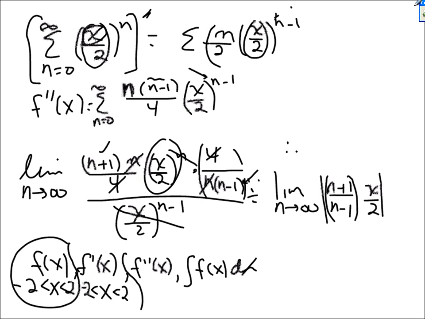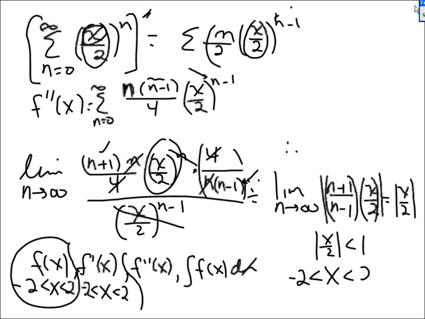Well, this fraction goes to 1 times the constant, the x over 2. That's the answer. The absolute value of x over 2 is less than 1. That means x is in between negative 2 and 2. Reverse the tape, and you'll see how I went from here to there.